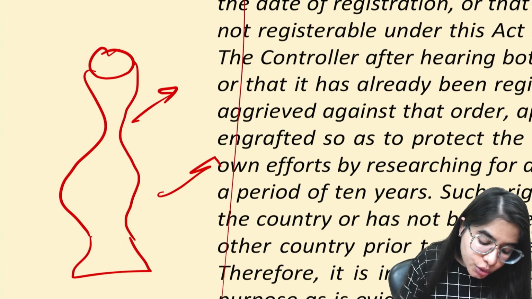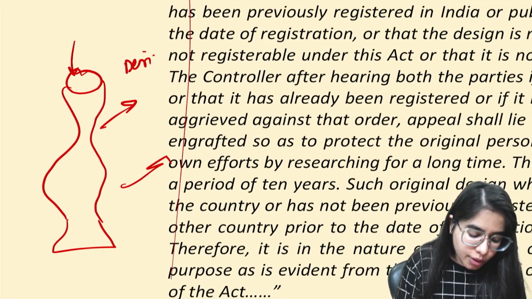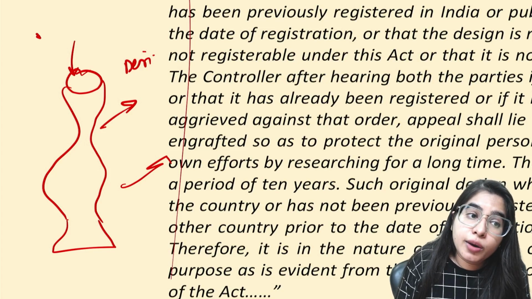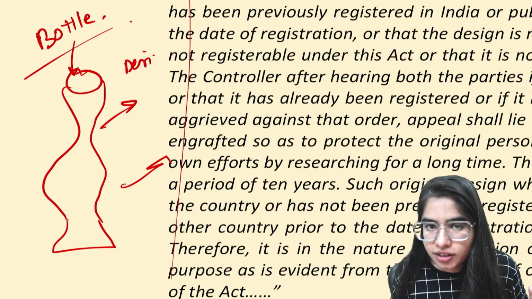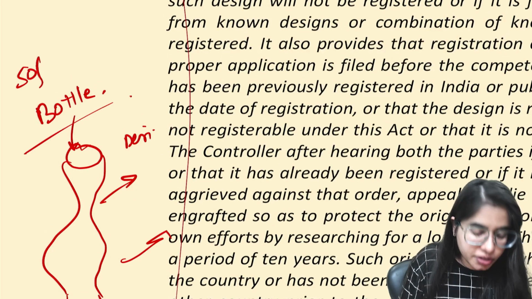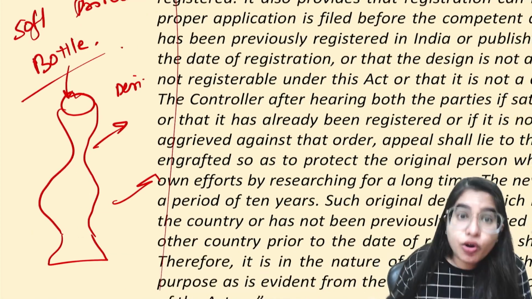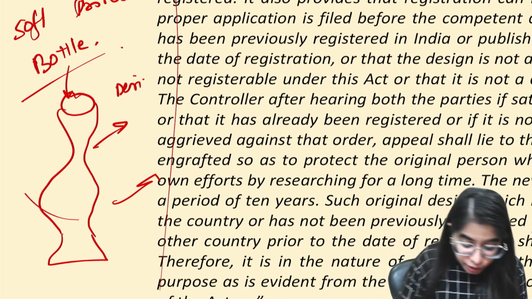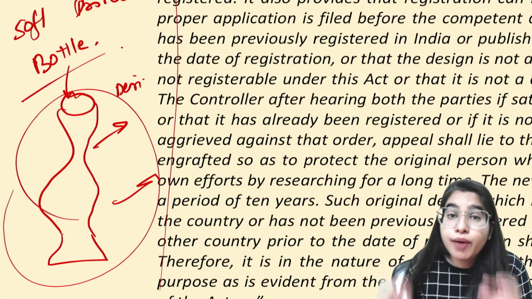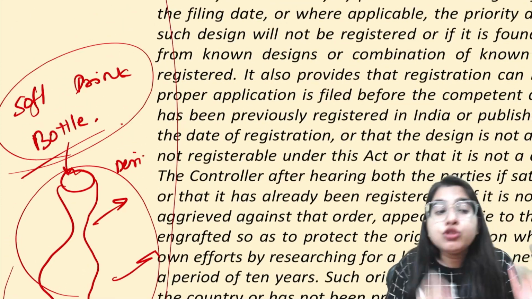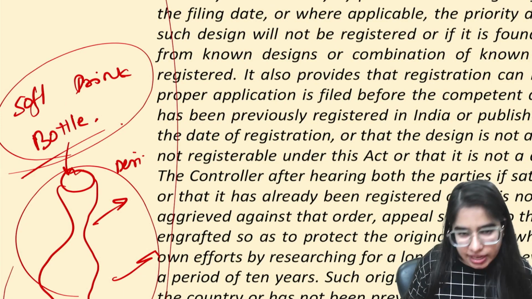To which product do you want to register this design?" So I will say, "I want to register this design for a bottle, a soft drink bottle." So no other soft drink bottle company can use this exact same design.